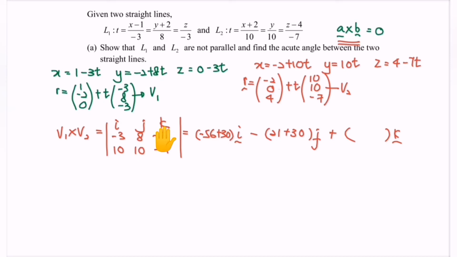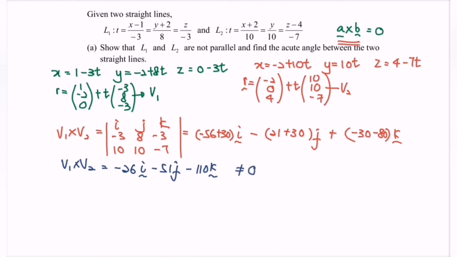Then focus on k and we have negative 30 minus 80. So finally, V1 cross V2 equals negative 26i, negative 51j, and negative 110k, and we notice that it is not equal to 0.